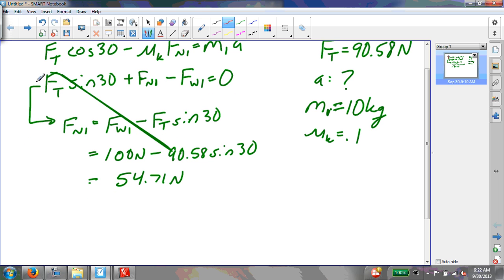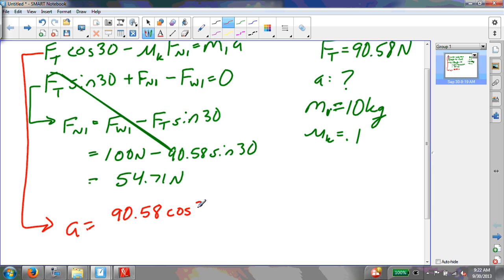To this equation and solve for A. So A is going to be Ft cosine 30 minus mu k Fn1. Now let's put in numbers there.